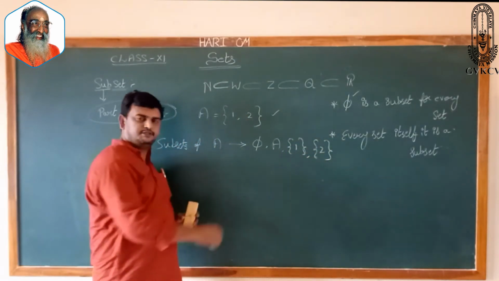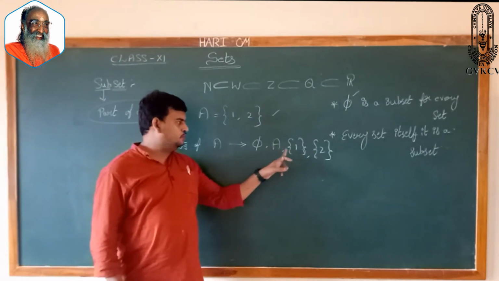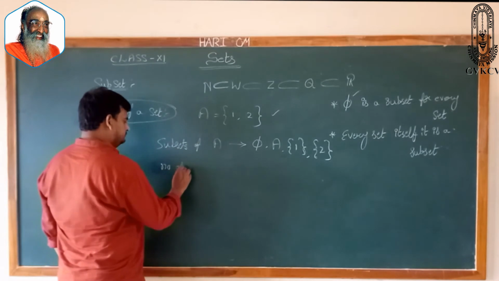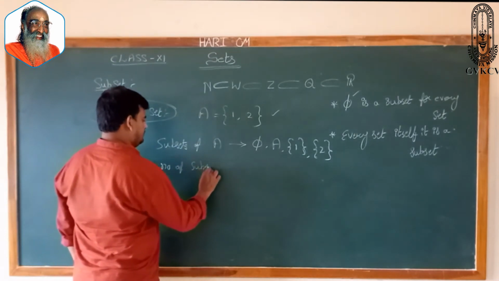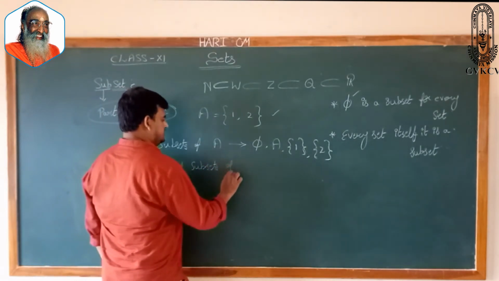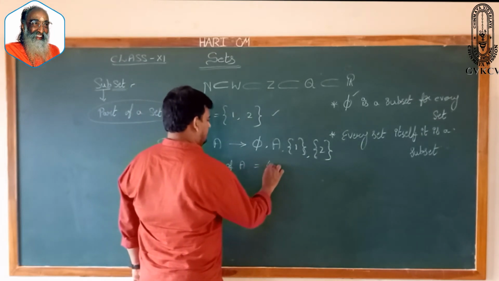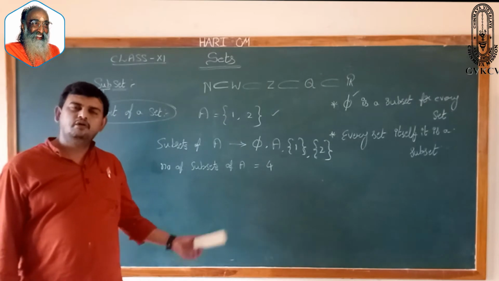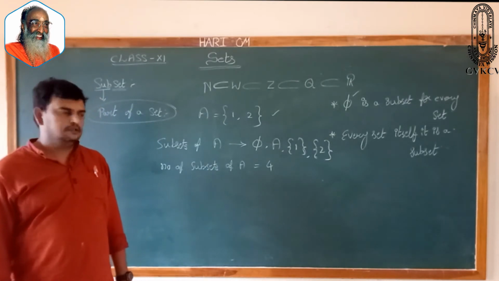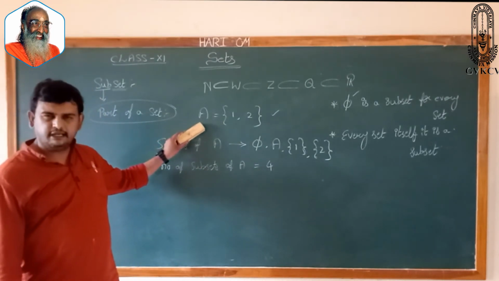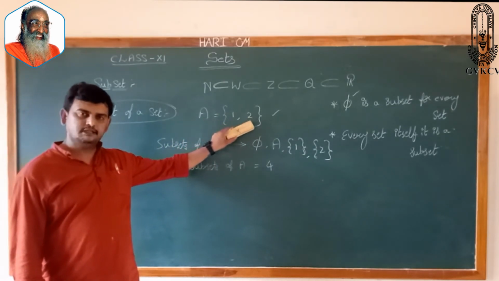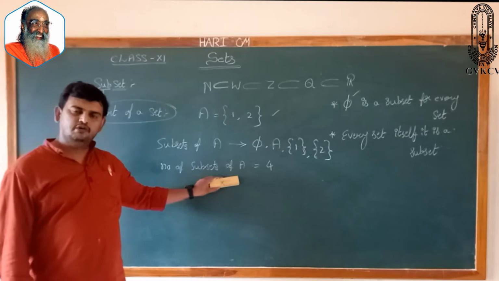Now in total, how many subsets do we have? 1, 2, 3, 4. The number of subsets of A is equal to 4. This is about set A, where we have elements 1 and 2, and we get 4 subsets.